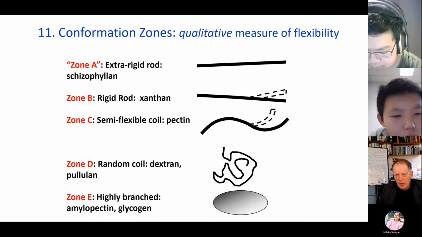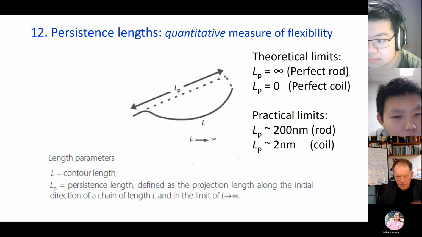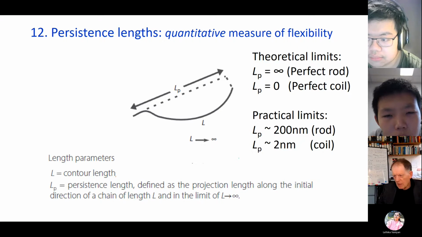These are the conformation zones then, which give a qualitative measure of flexibility of a macromolecule, particularly a linear macromolecule. For more quantitative measures, we use a parameter known as the persistence length. So this refers to linear types of molecules.